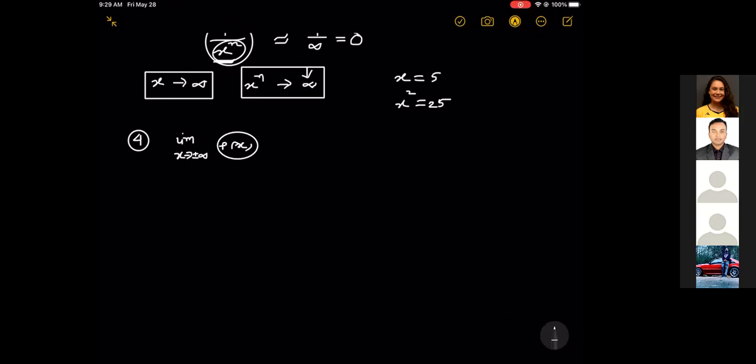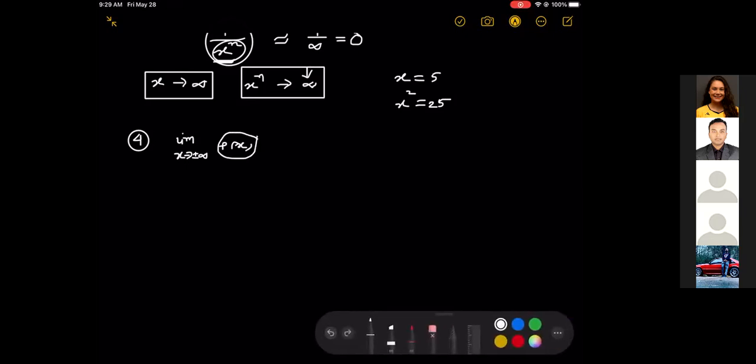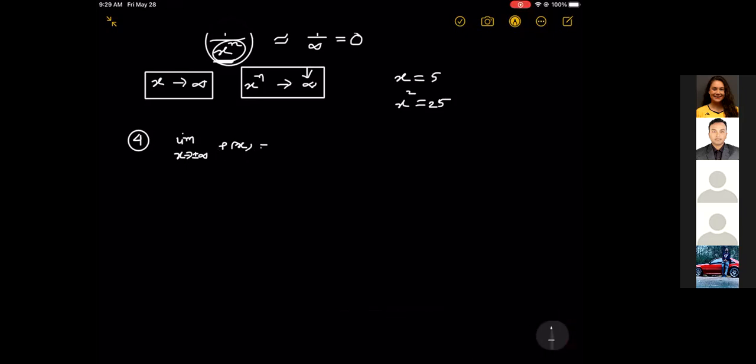So if you have a polynomial in this format, the limit will always be infinity, depending on the degree of the polynomial and the sign of the leading coefficient a_n.